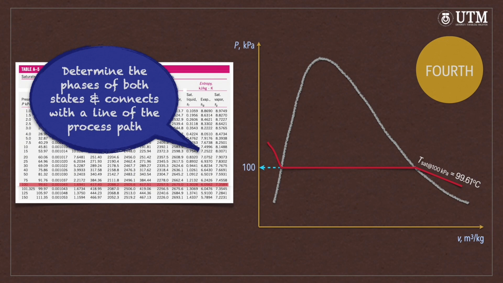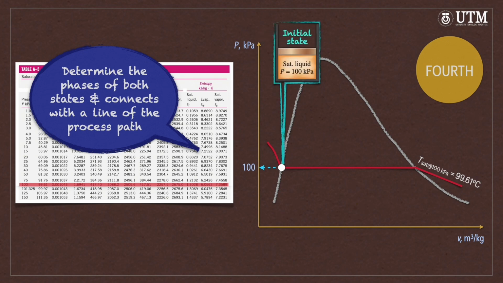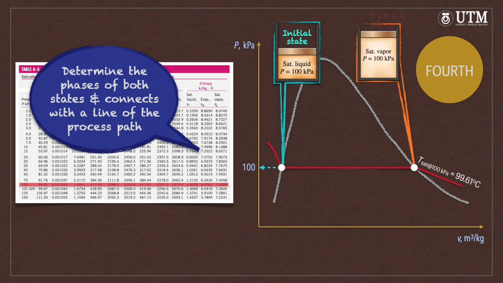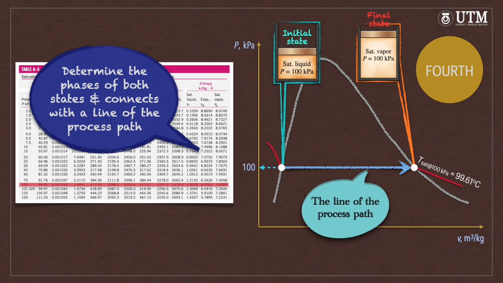The initial state is in a saturated liquid phase and the final state is in a saturated vapor phase. Each state's location on the PV diagram is demonstrated. A process path is sketched to connect the two states.